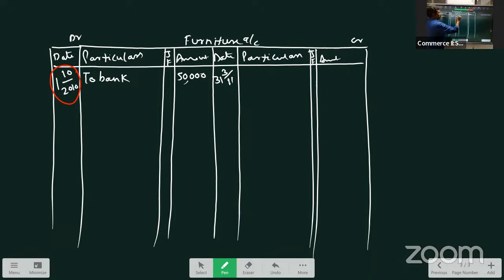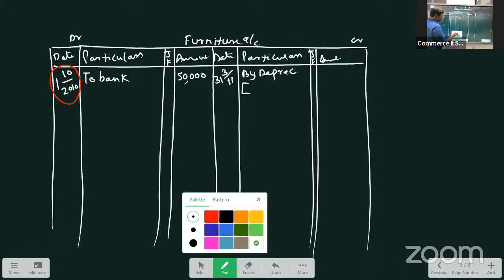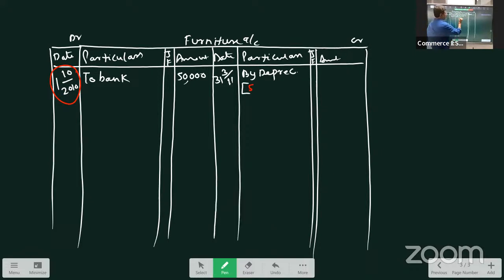So when I am closing my books of account on 31st March by depreciation, what is the method we are following? Straight line method only. What is the rate given? 10%. So I would calculate depreciation on 50,000 into 10 by 100 into, when did we start?